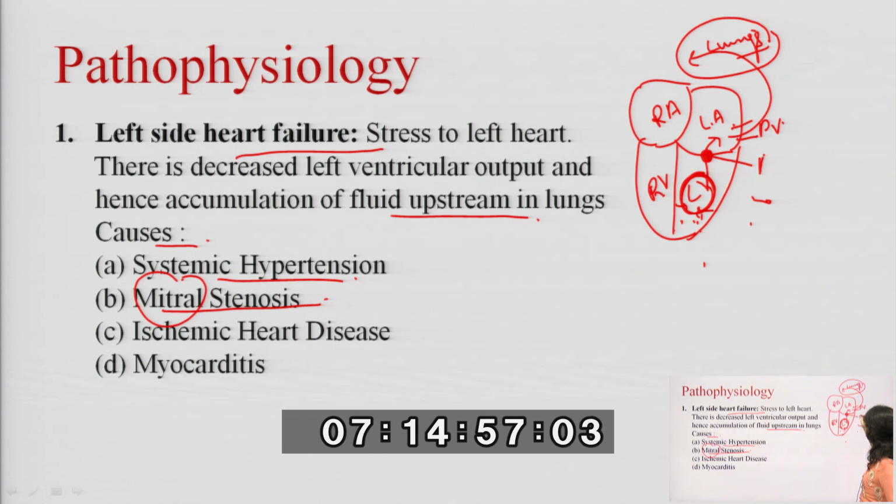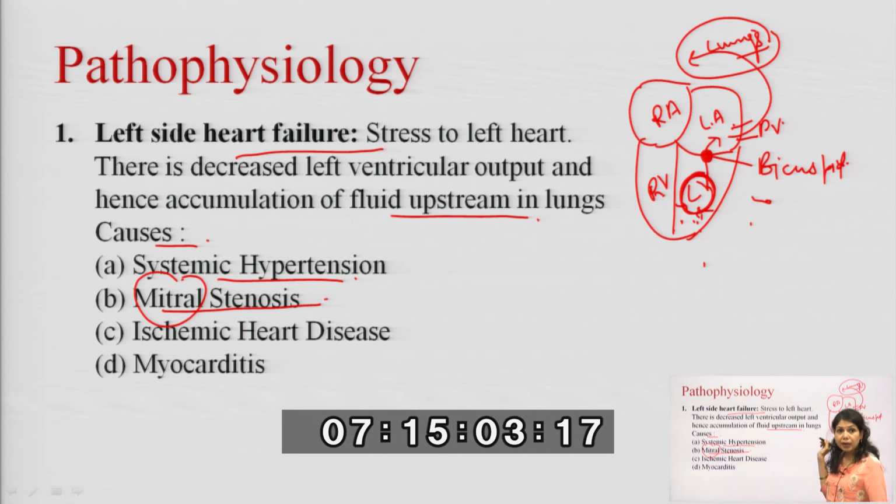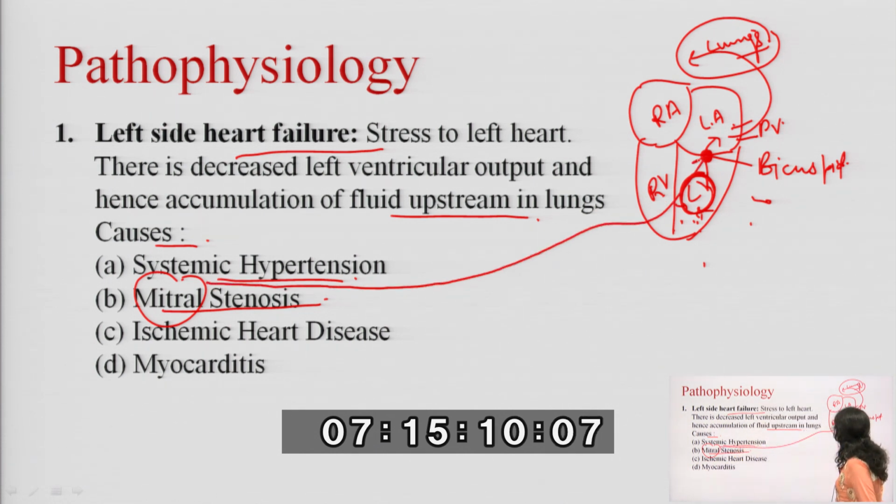This is the bicuspid valve, also known as the mitral valve. Mitral valve stenosis, stenosis means narrowing.